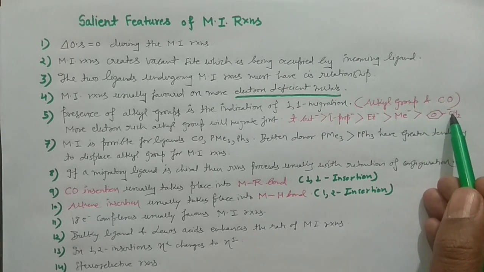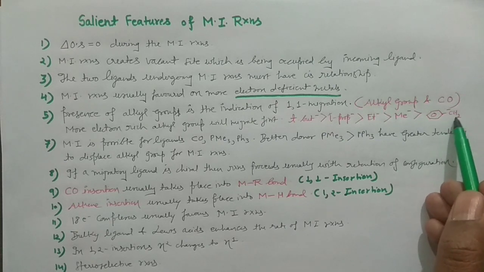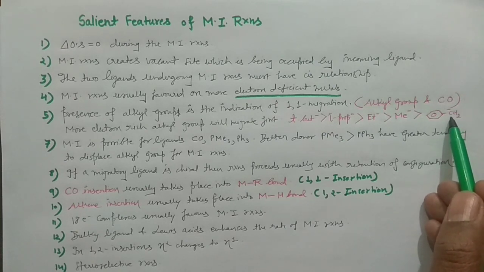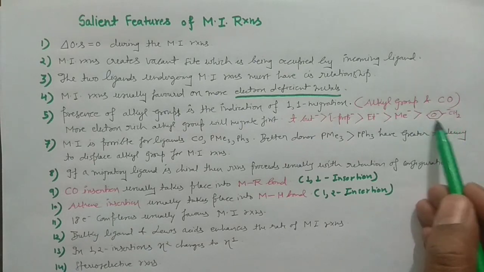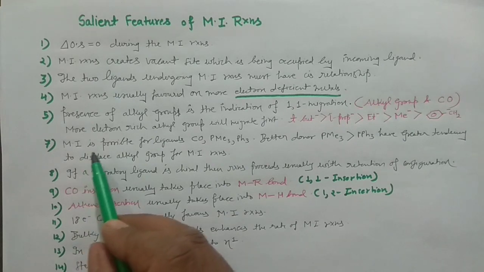Why? Because the negative charge is not really present on this particular CH2 carbon, it is resonating over the ring. That's why the negative charge is not very much on this carbon atom, so it is not that electron rich.